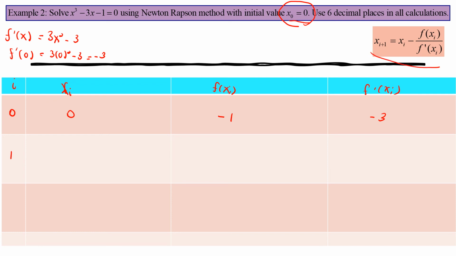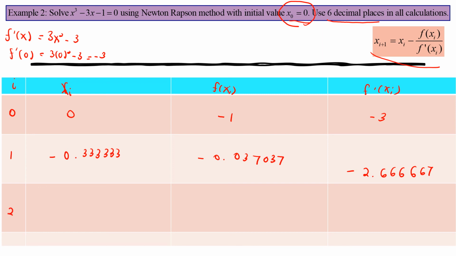You will get negative 0.333333. Here the question states you need 6 decimal places. For f(x) you will get negative 0.037037, and for f prime of x1 you will get negative 2.666667.